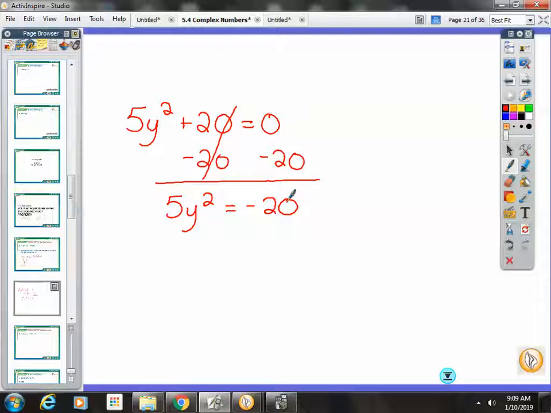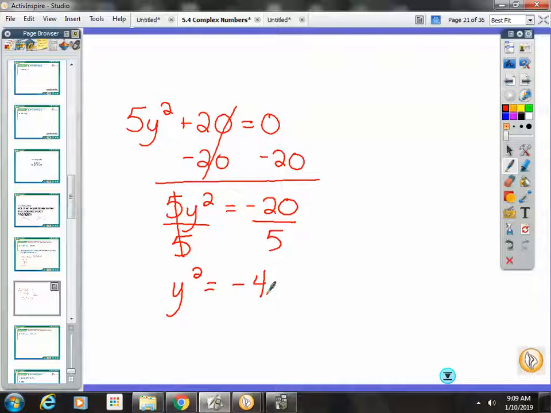To get y squared alone, do you agree you would divide by 5 on both sides? Okay, go ahead and divide both sides of your equation by 5. Everybody okay at this point? Now, I'm solving for y. How can I get rid of a square?